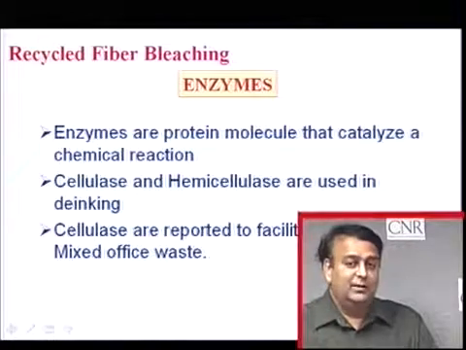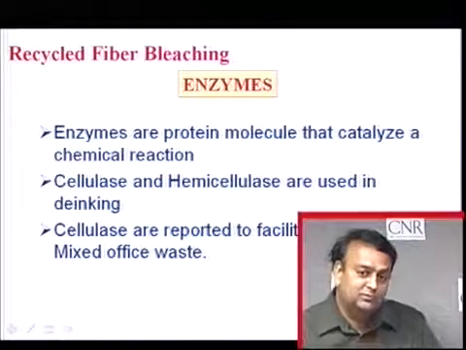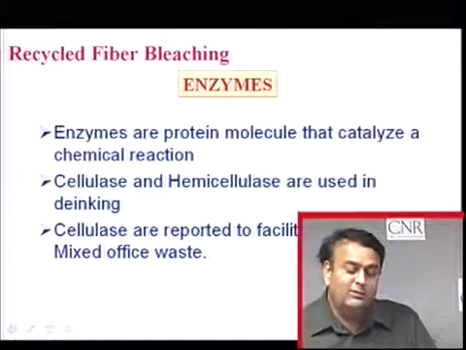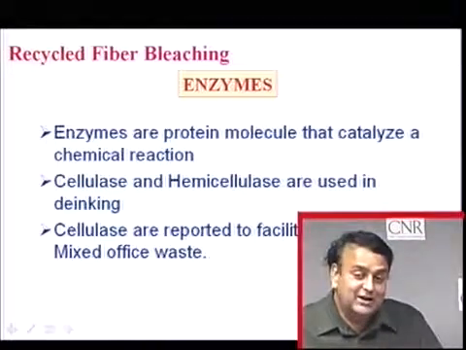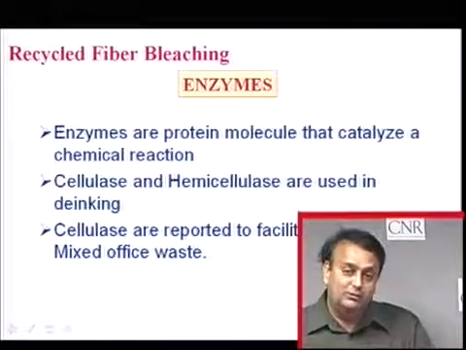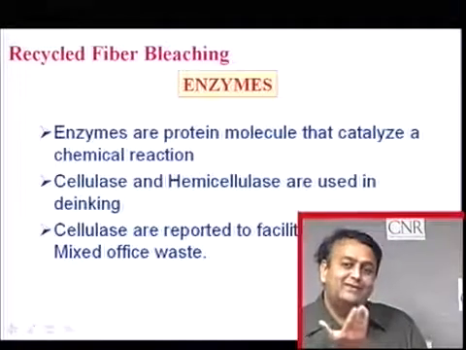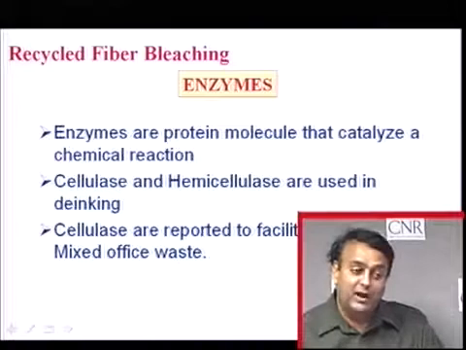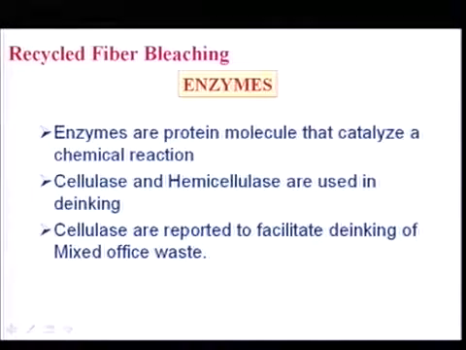Cellulase enzymes work on cellulose fibers. Hemicellulase enzymes work on hemicelluloses and are used in de-inking to ease the ink off, thereby brightening the fiber. It prepares the fiber for bleaching. You need to be careful with cellulases. They report that if you have a lot of cellulases, they can attack the cellulose fiber and degrade the fiber strength.